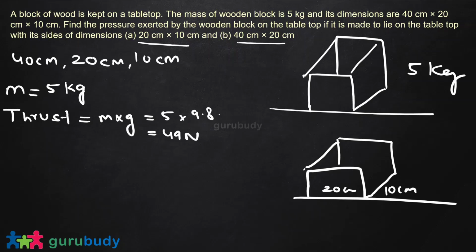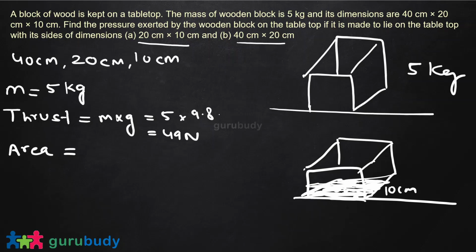Now for calculating the pressure, you need an area. So the area for problem 1 is the area which is touching the surface of the table and the wooden block. If you think about this, that would be all this area which is touching the surface.